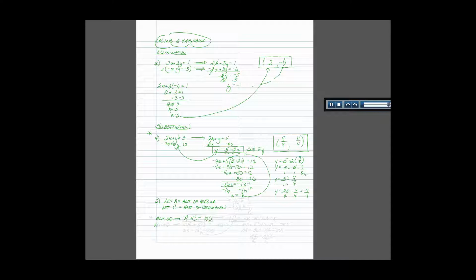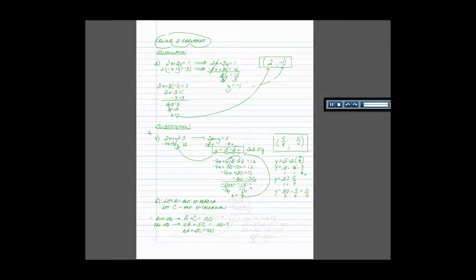The second is the value equation, and it has the cost along with it. So Arabica at $10 plus Colombian at $5 gives you the blend, 100 pounds of it, at $7. So now I have two equations. Let's simplify this one: 10A plus 5C equals 700.